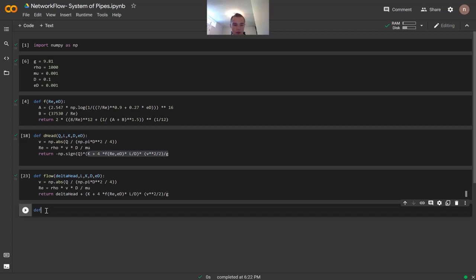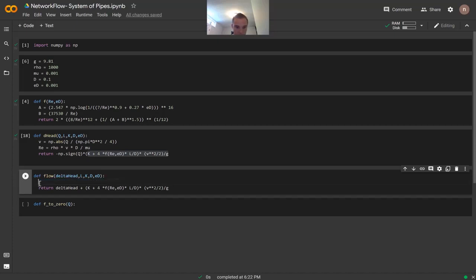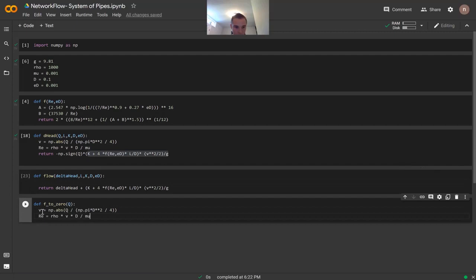So we'll call this function f0, and this will take in our flow, because that will be our initial guess that we're going to supply. Then we can go ahead and copy and paste these again, in order to drive our Bernoulli's equation to 0 given flow.